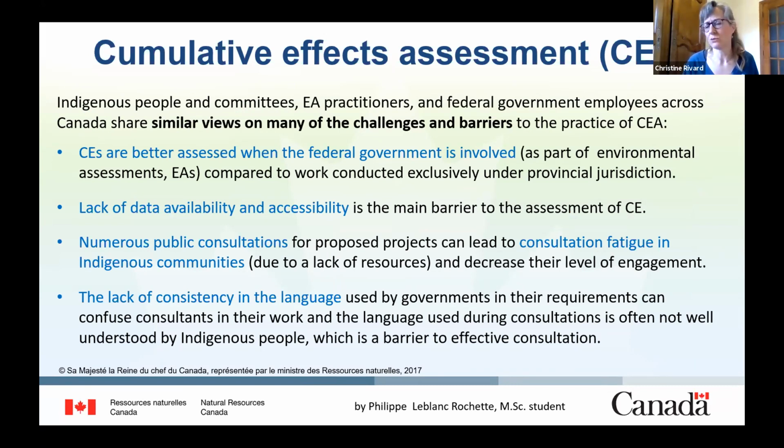There are sometimes too many public consultations for proposed projects that can lead to consultation fatigue in the indigenous communities due to lack of resources, and that can lead to a decrease of their level of engagement. We are simply asking too much in too little time. And there's also a lack of consistency or clarity in the language that does not help at all.